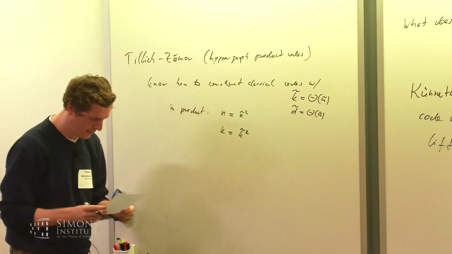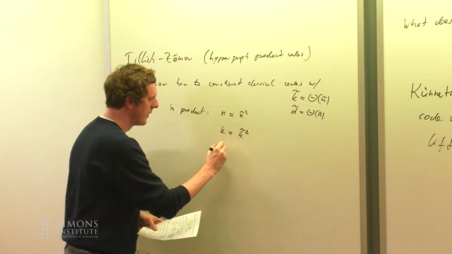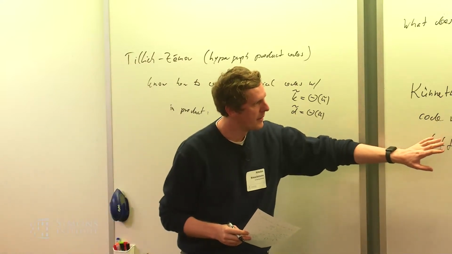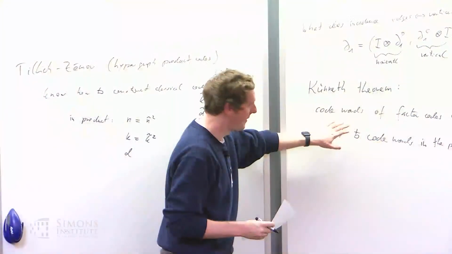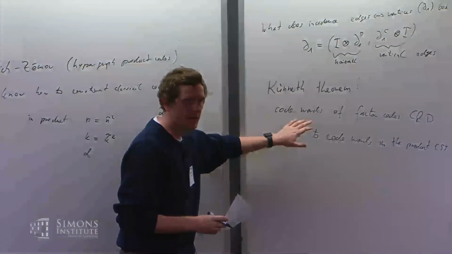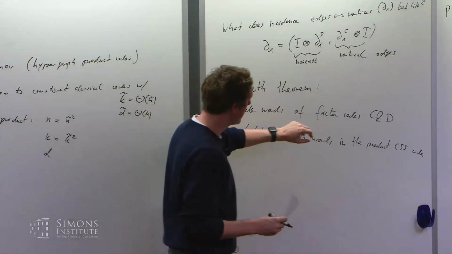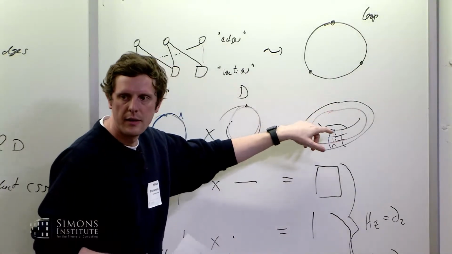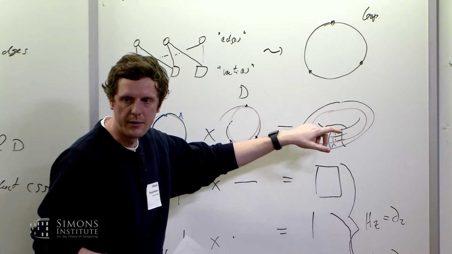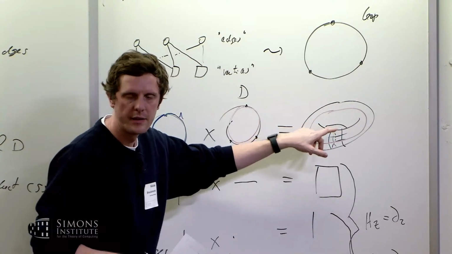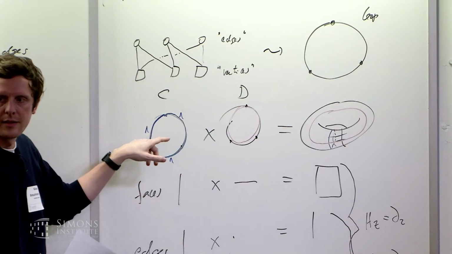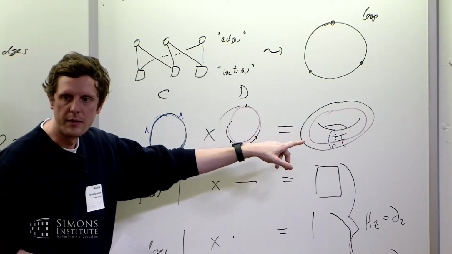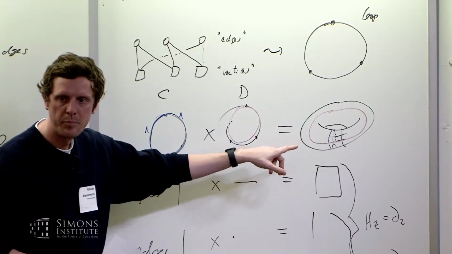But just as for the toric code, I also know there's an upper bound on the distance, because I can take any code word here and lift it into here, but this thing is of square size and this is of linear size. So the distance can only be square root in the product structure, exactly as it is here.